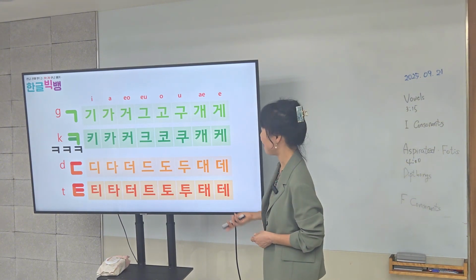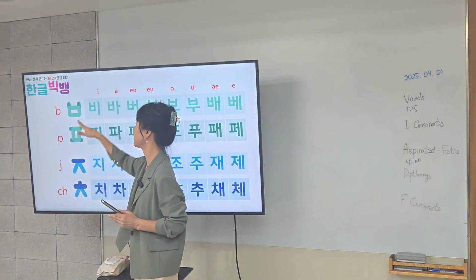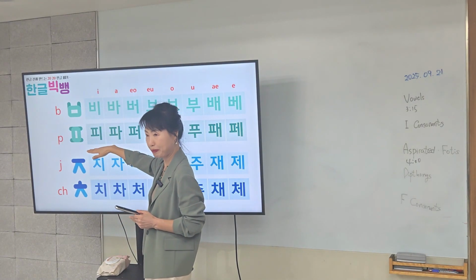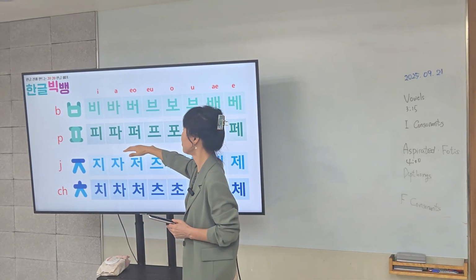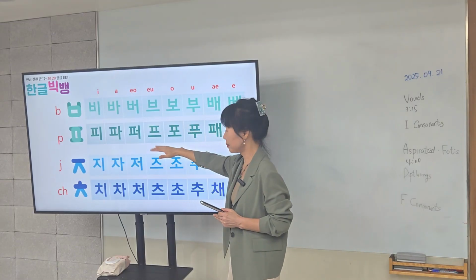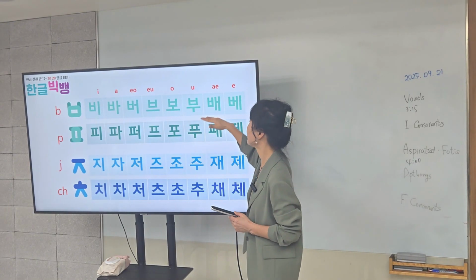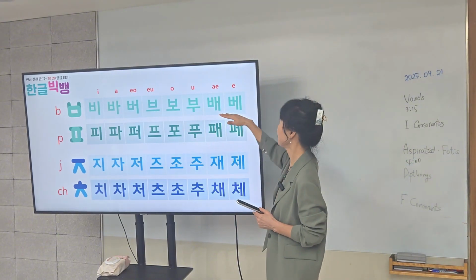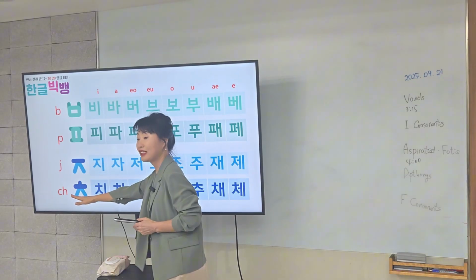Wow. Good job. And this is b. What is this? p. So p. 바. Okay. 버. 퍼, 브. 오, 포. 푸. 레, 페. Good job. And 즈 and 츠.